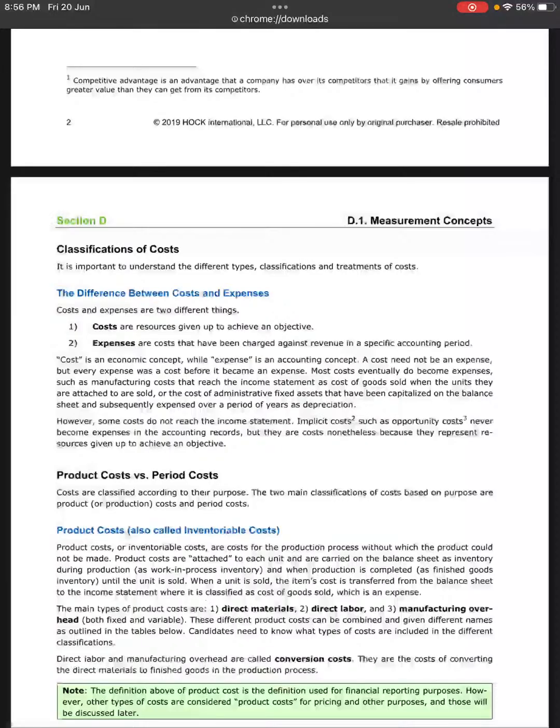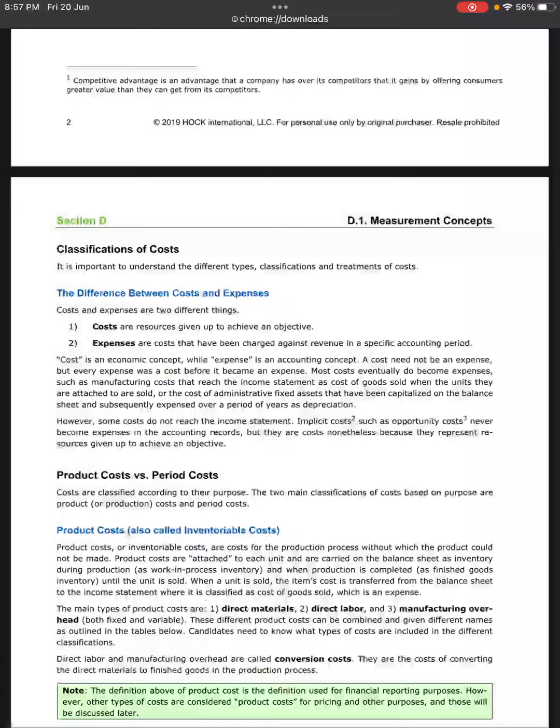These are the product costs. Direct material, direct labor, and manufacturing overhead.